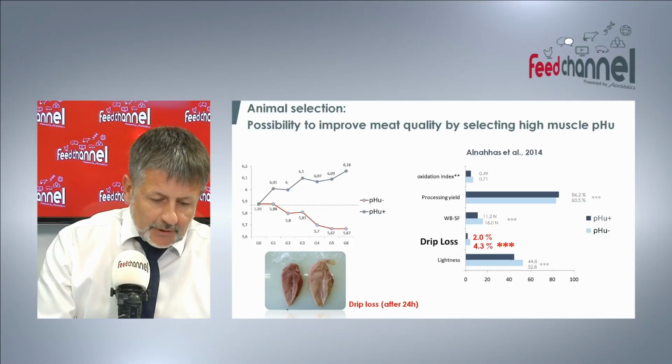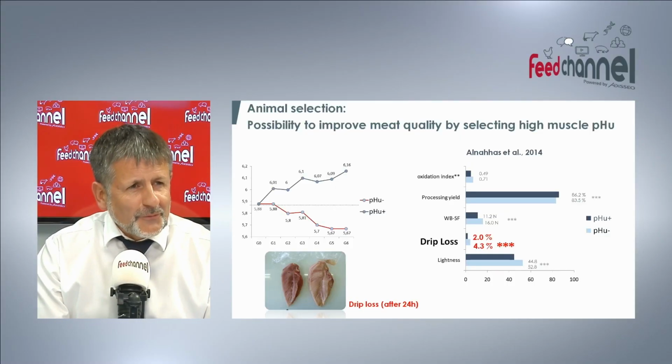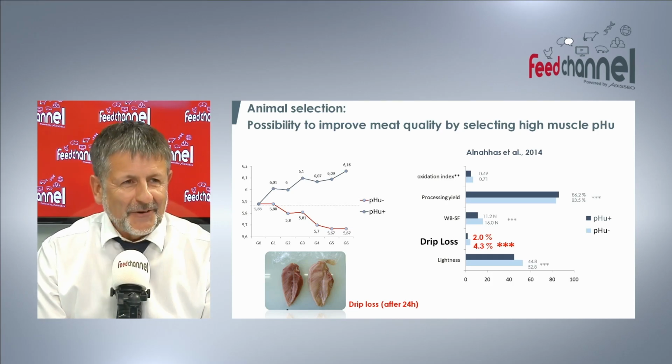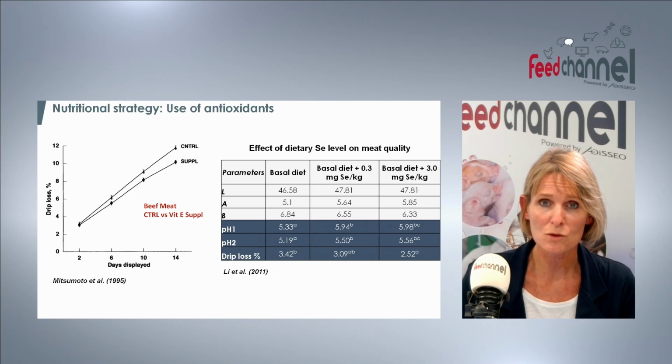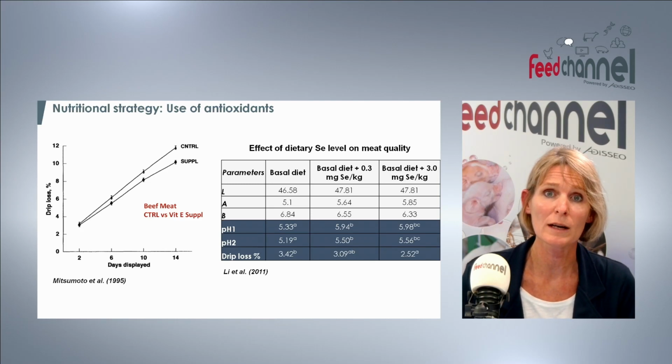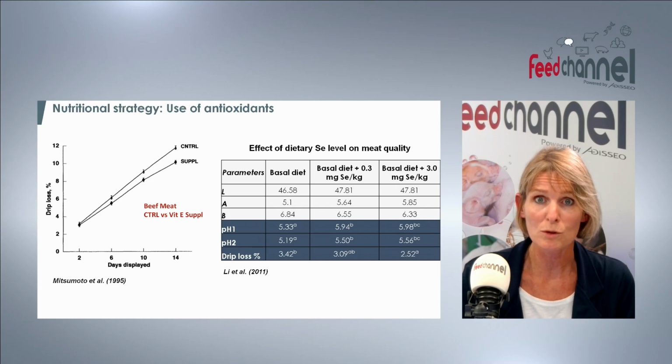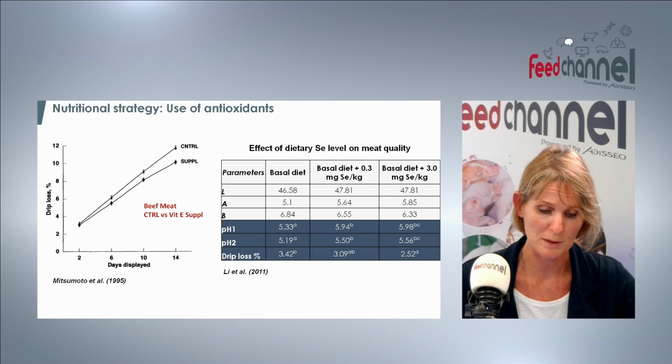Maybe Massimiliano, you have other points to add on that. Sorry, Cécile. Maybe on the nutrition aspects, you want to comment a little bit more. Yes. So if we can see that genetics and selection on meat quality can be efficient, it is also important to understand how animal nutrition can modulate muscle glycogen and the ultimate pH of meat.